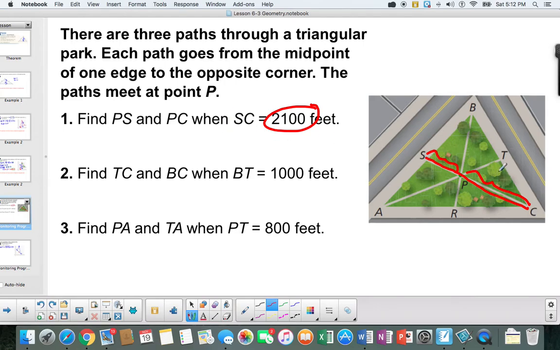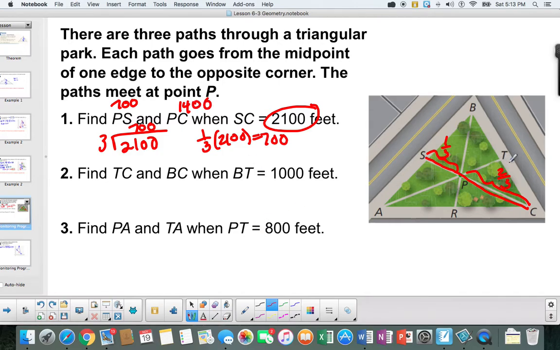Now remember, this is 2/3 of the way, this is 1/3 of the way. So let's divide 3 into 2,100, and that'll be 700. So 1/3 of 2100 is 700. So this length right here, which is PS, is going to be 700, and then PC will be double that, 1400.